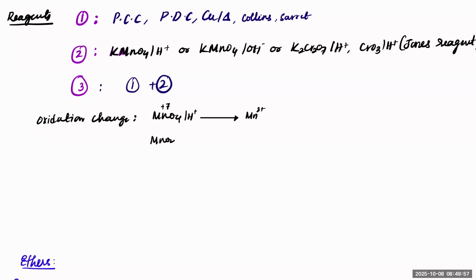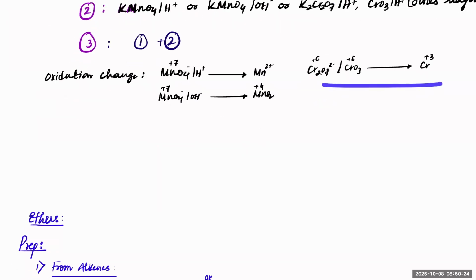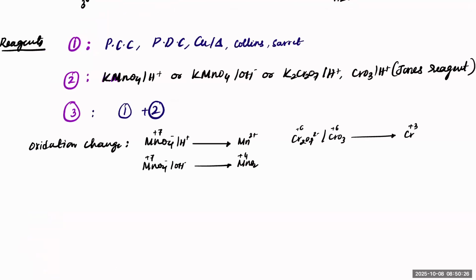MnO4 minus in basic medium from +7 will change to MnO2, which is +4. Cr2O7 2 minus or CrO3, both of them have +6 oxidation state. That will convert into Cr +3. Got it? So these are the oxidation state changes which will happen between these ions.